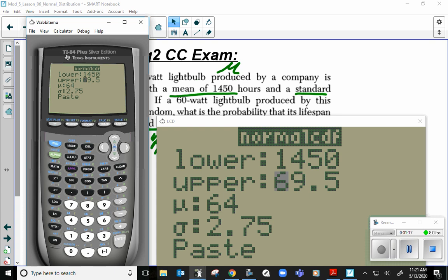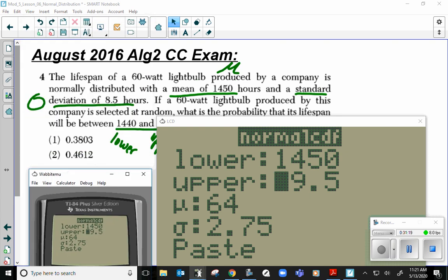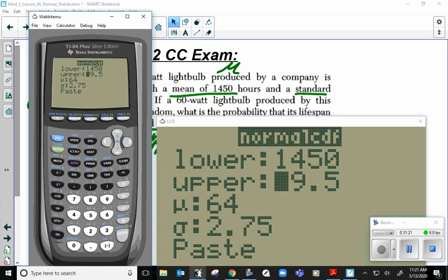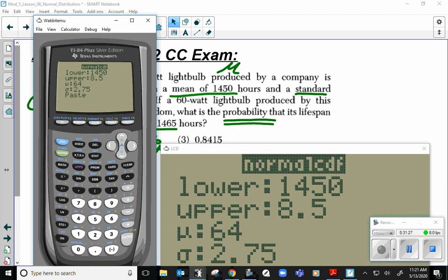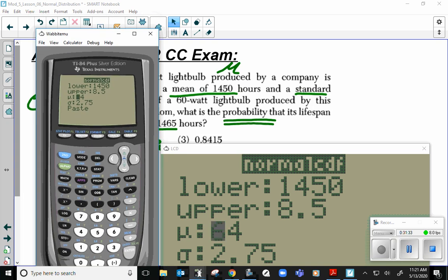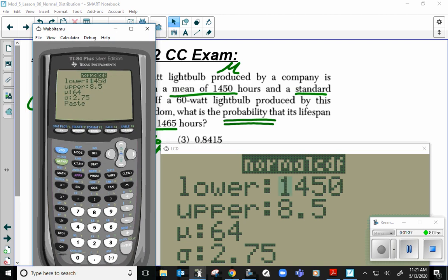My standard deviation is 8.5. Okay, my lower bound and upper bound are, okay, dang it, I did it again. I put my mean and standard deviation first because they're listed first in the problem. So 1440 is the lower limit. 1465 is the upper limit.